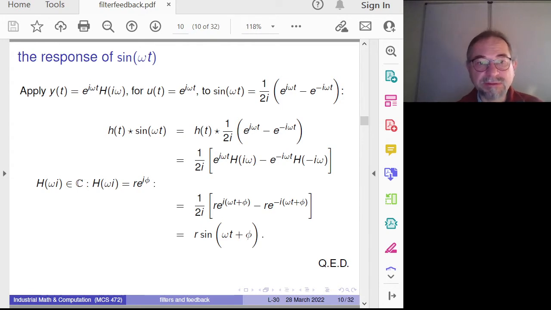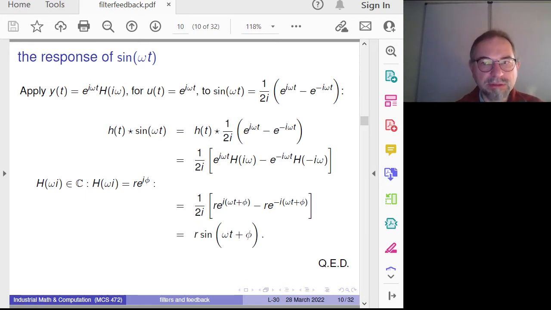Okay, so we have then the output signal written, although it's not really in the form that we need for the theorem. Well, we need the polar representation of the output. So we evaluate the transfer function at these imaginary units times the omega.